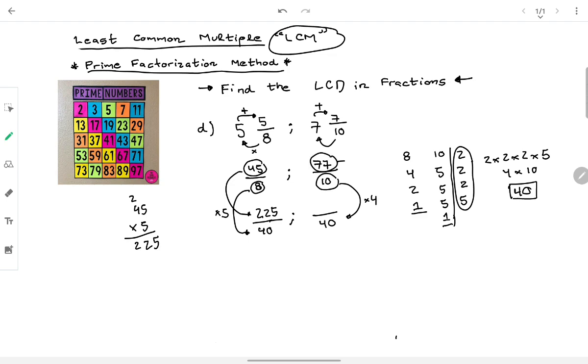So 77 must be multiplied by 4. We will get 308.